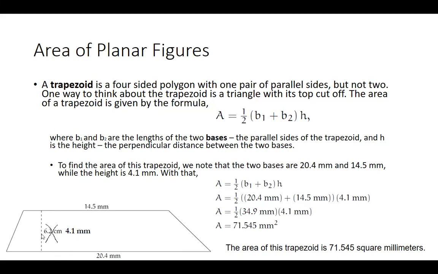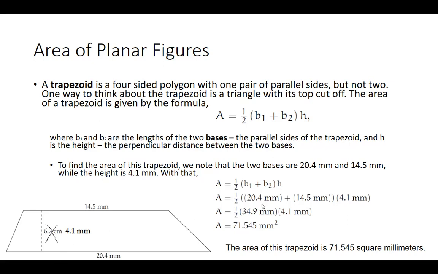So 4.1 millimeters. That 6.2 centimeters was left over from the parallelogram picture, apparently. And I just took these images straight from the book and I missed that it was wrong. So again, the bases are 20.4 millimeters and 14.5 millimeters. The height is 4.1 millimeters.